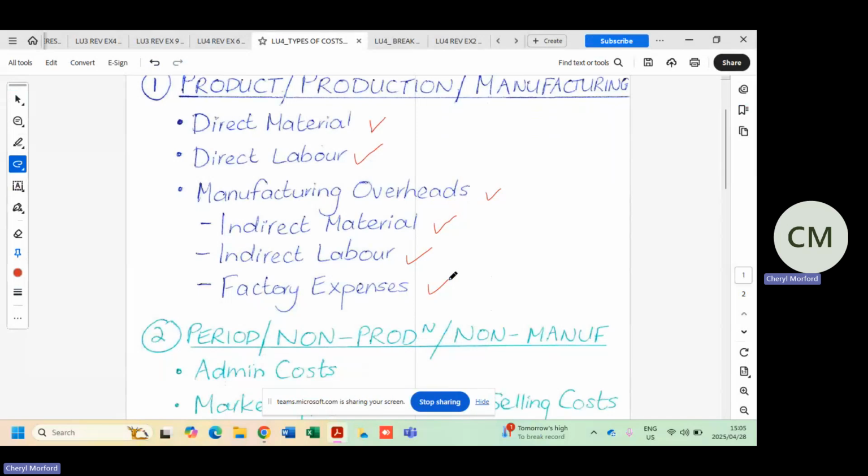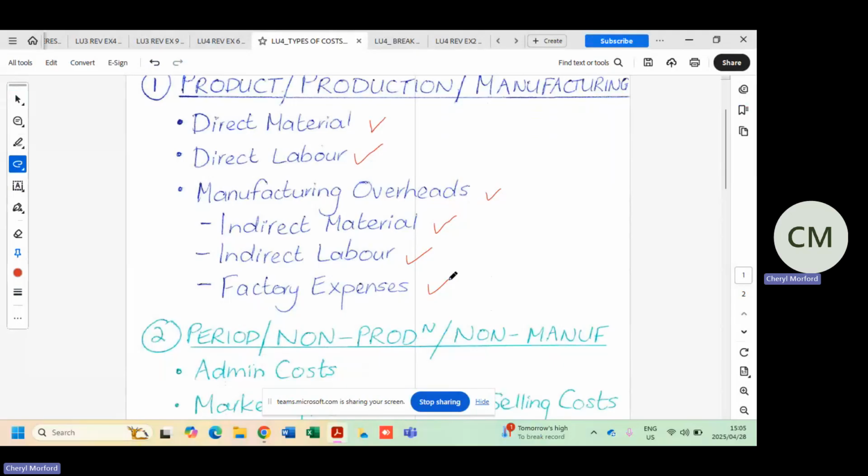So the bit that is for the factory is counted as a manufacturing overhead, therefore it is a product cost. The remaining bit for the office is, however, a period cost, and in fact, it's an admin cost.